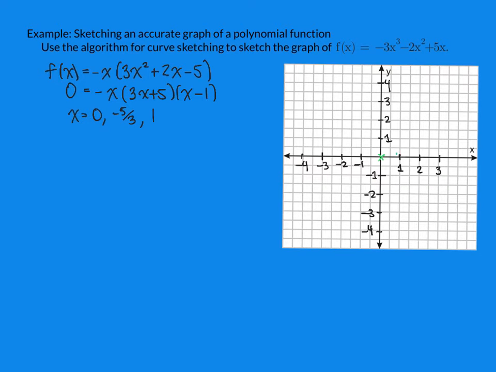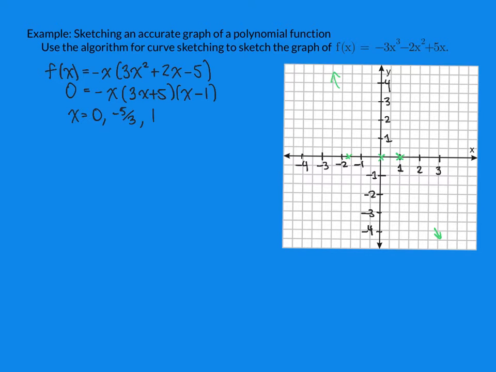Okay, we've got another intercept at 1 and one at negative 5/3. So that's a little less than negative 2 by 1/3 of the box. And that's going to start to guide our shape here. We also know that because it has a leading coefficient that's negative, the end behaviors should look something like this. And we're going to try to figure out as much as we can about what happens in between those points.